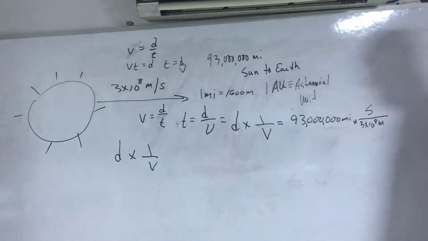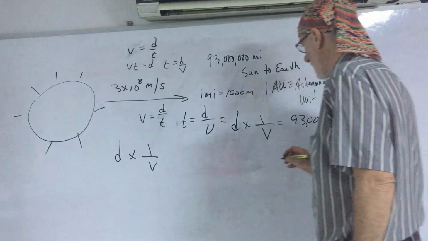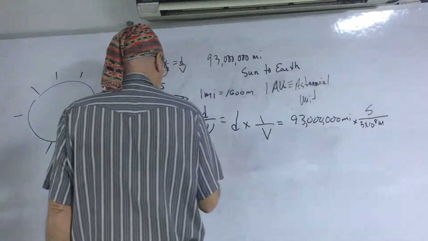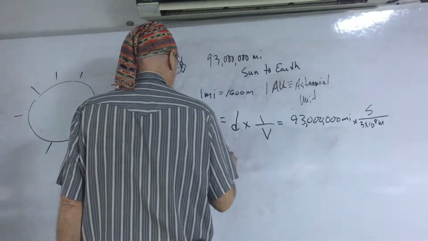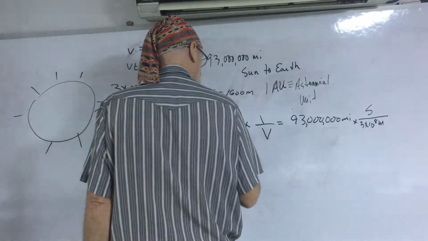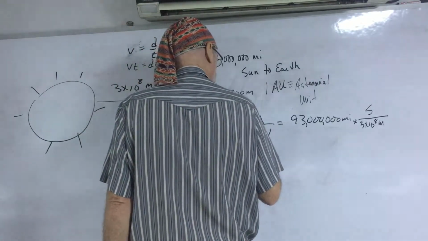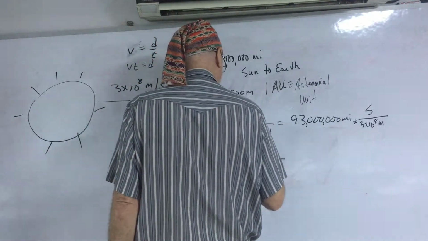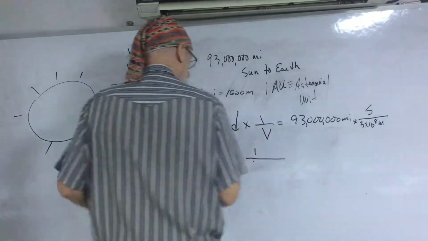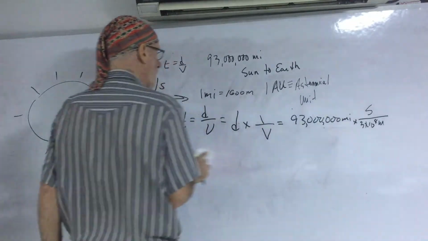Right? Okay, so I want to say 93 million, you know what, I'm making a complete mess of this, aren't I?